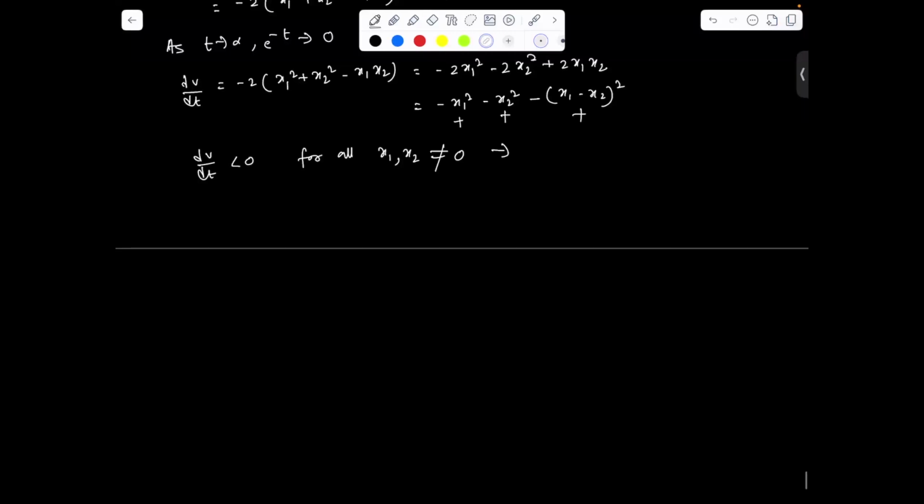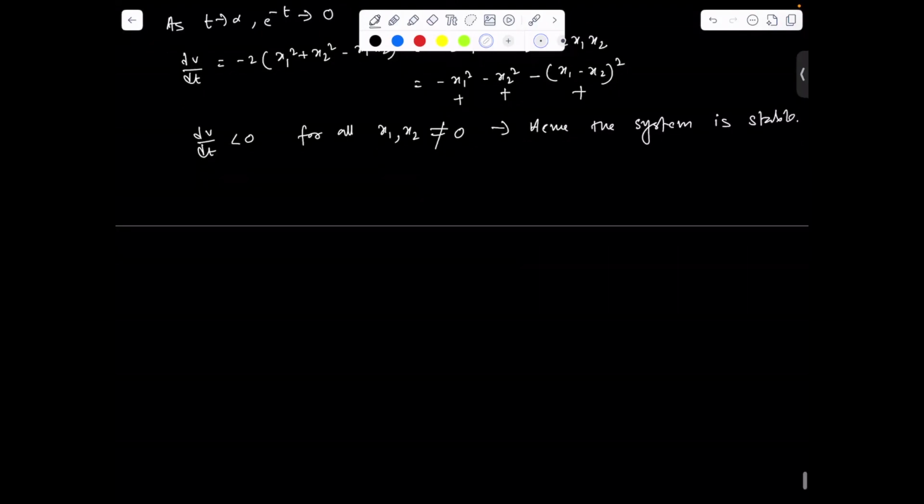So from this we can write, hence the equilibrium point, or simply, the system is stable.